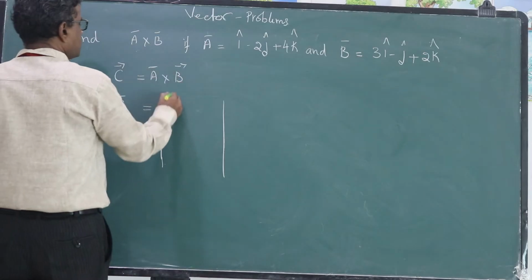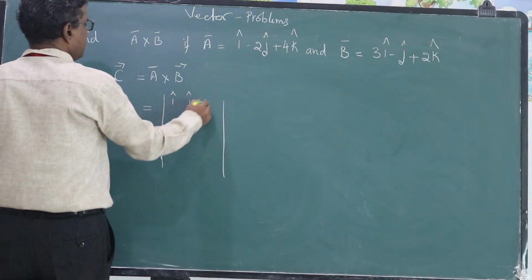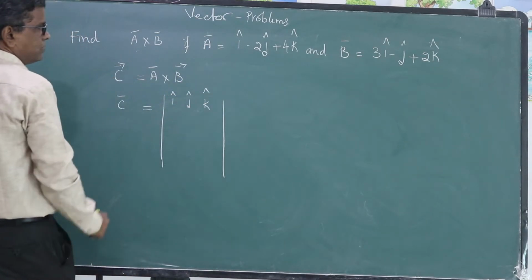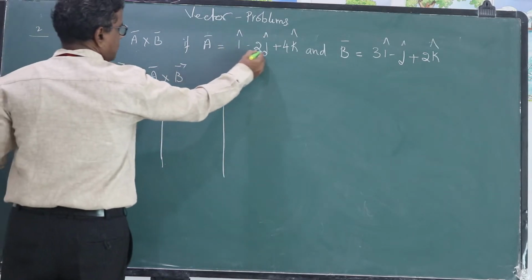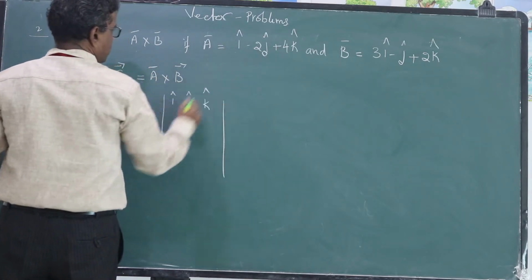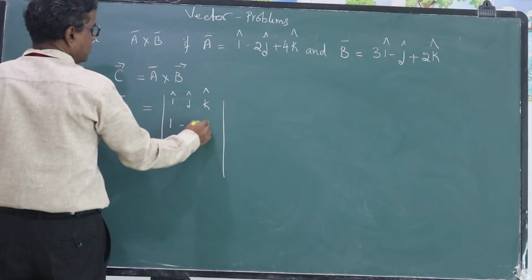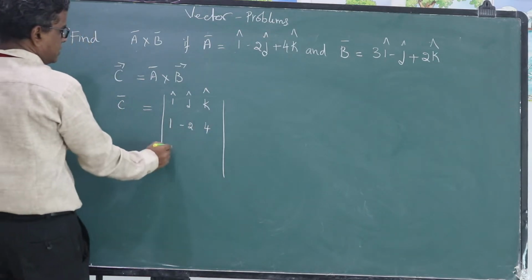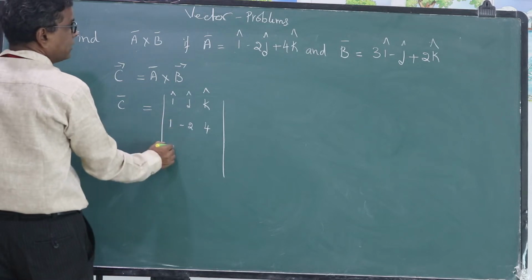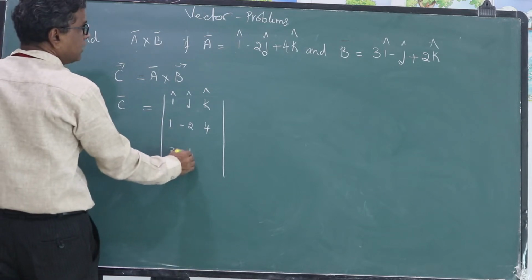You write first row i cap, j cap, k cap, then second row, the x component, y component, z component of A, and third row, 3, minus 1, 2.